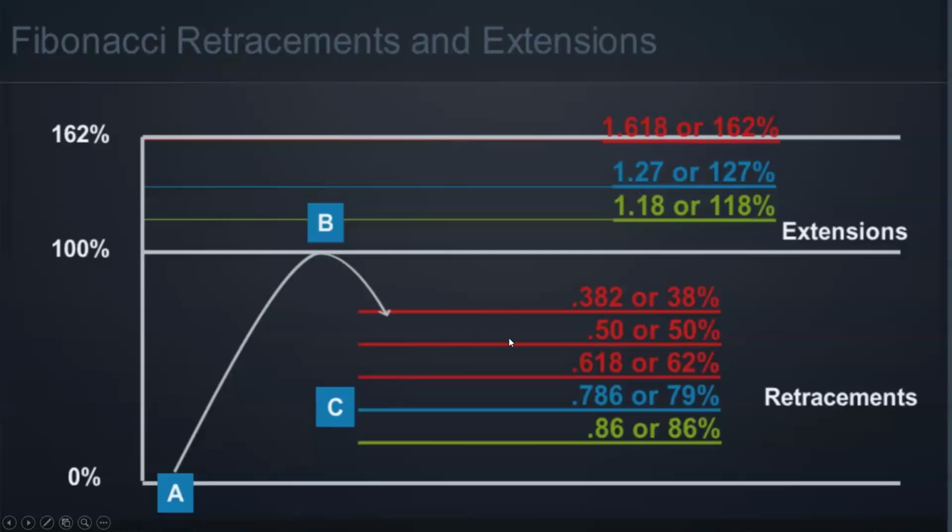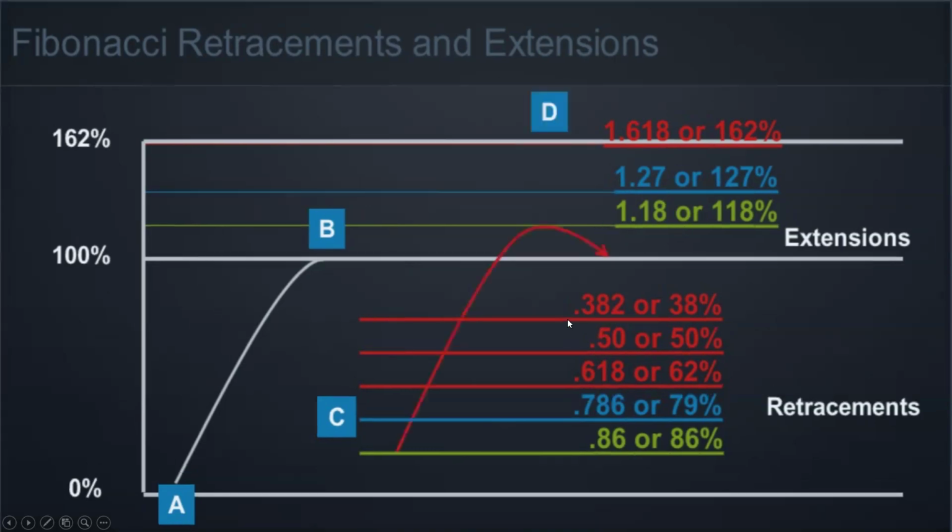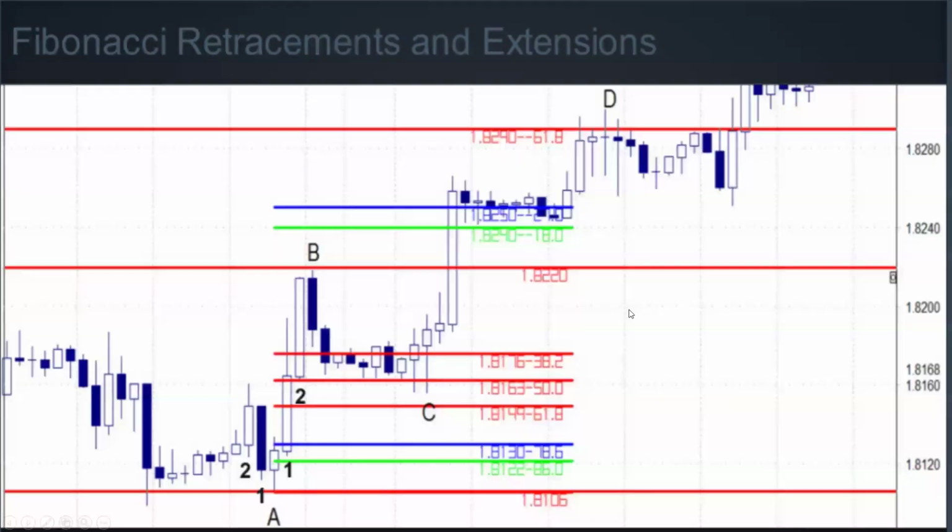And when it hits any of these three as it's buying, it will buy until it gets to the 161.8 level. If it hits the blue level and is buying, it will buy until it gets to the 1.27 or 127% level. And if it hits this green, it buys until it gets to the 1.18 or 118% level. Okay, so we talked about this, and this is just an expression of how it looks.